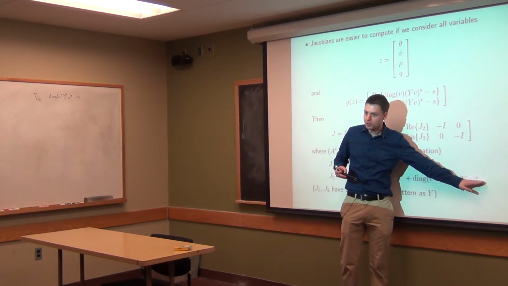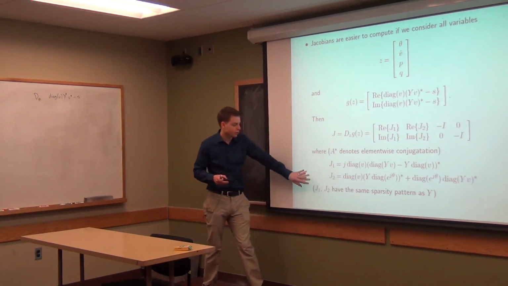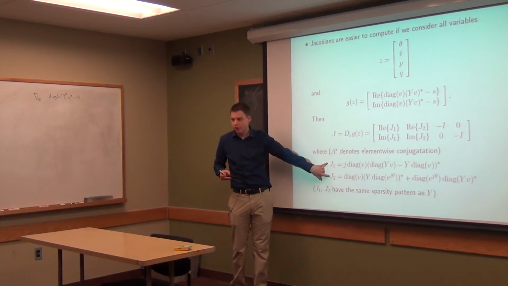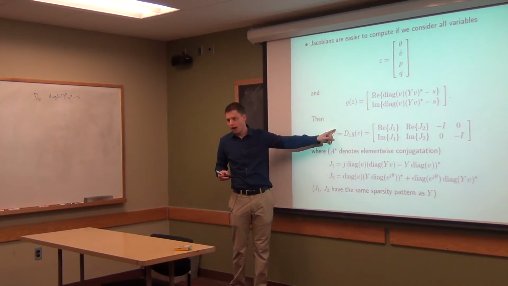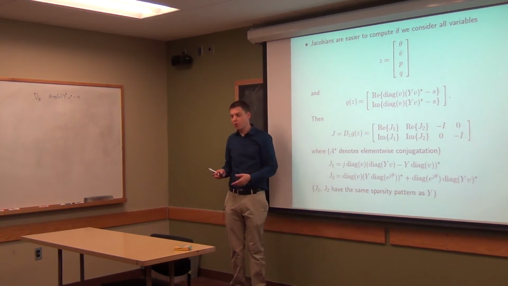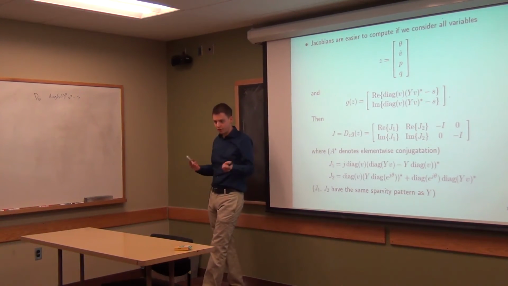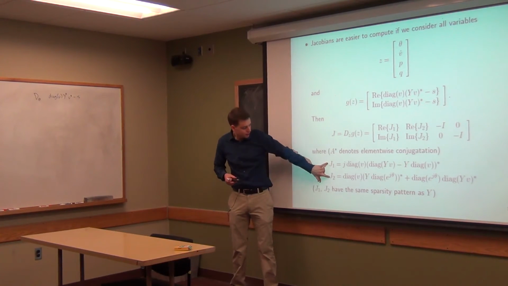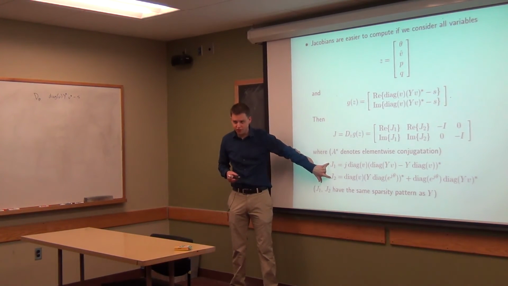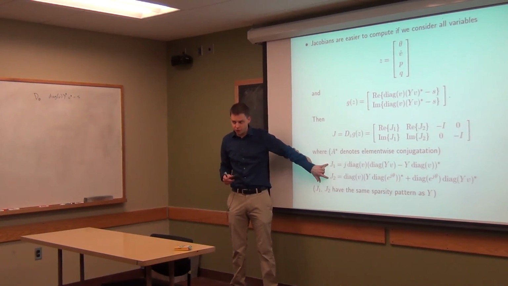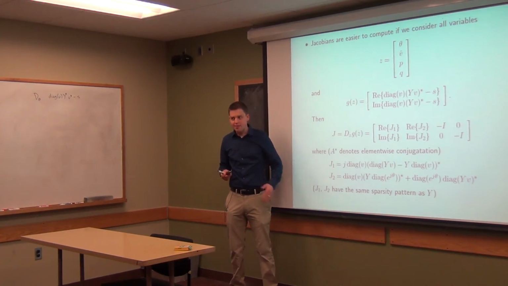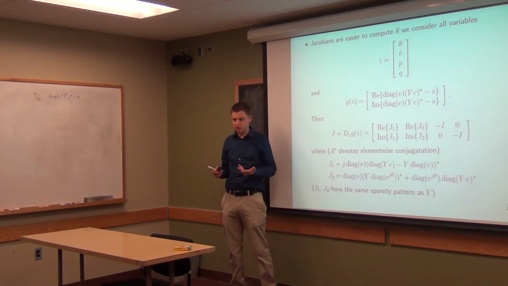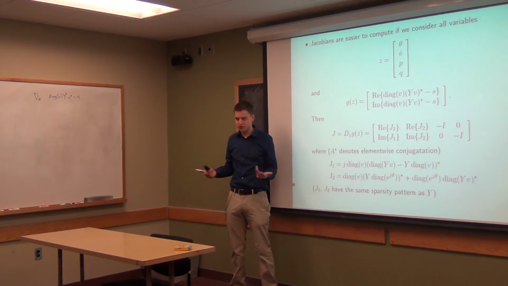So all these terms have the same sparsity pattern as y. In Newton's method, remember, we're multiplying by the inverse of these Jacobians, but they have the same sparsity. So if y is sparse, they will be sparse too. That makes things very nice for us, because we can use all these nice solvers for sparse matrices.